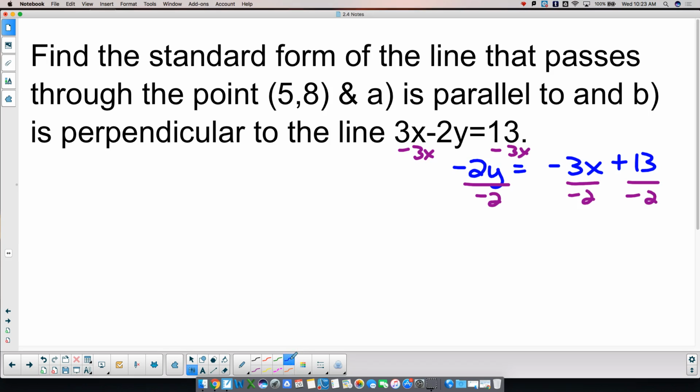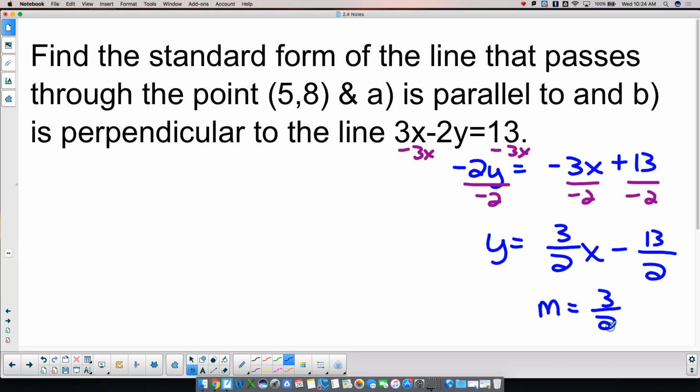So that gives me y equals positive 3 halves x minus 13 halves. Agree? What is the slope of that line? 3 halves, right? So my slope here is 3 halves.